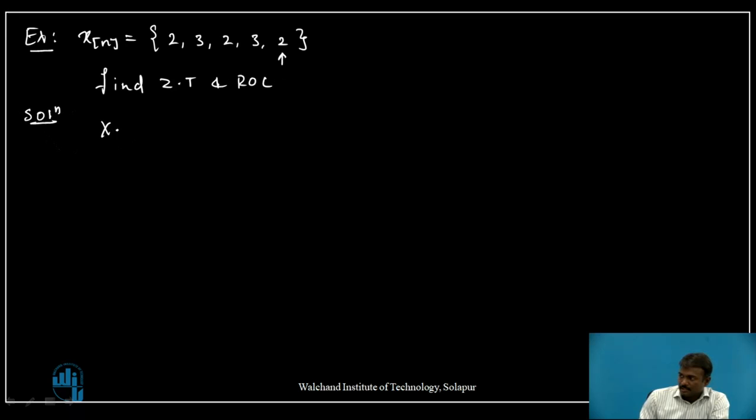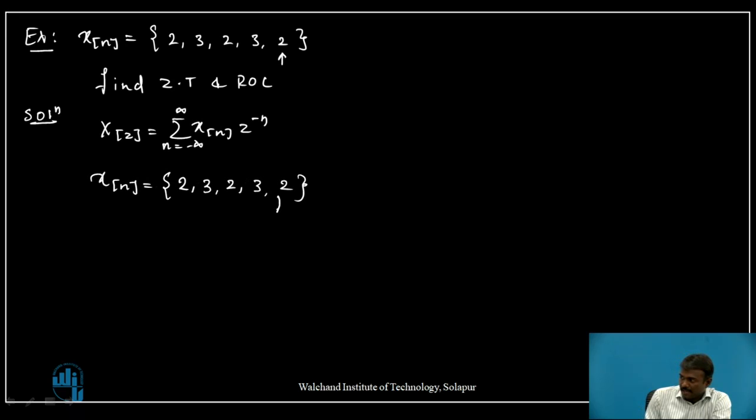We know that X(z) is equal to the summation from n equal to minus infinity to plus infinity of x(n) z to the power minus n, where x(n) is a finite duration sequence equal to 2, 3, 2, 3, 2, and the arrow mark is given at the last sample, which represents n equal to 0.